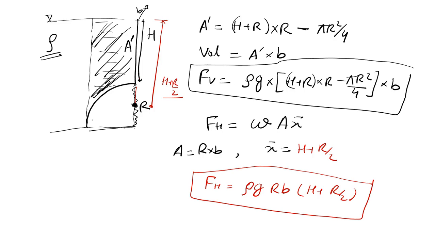So let us move to our next question. Now the question is given in this way: this is a vertical wall. The curved surface is like this, a semicircle again, and fluid is filled here.